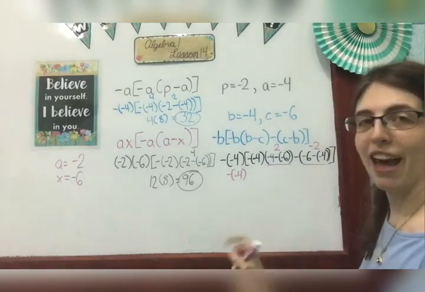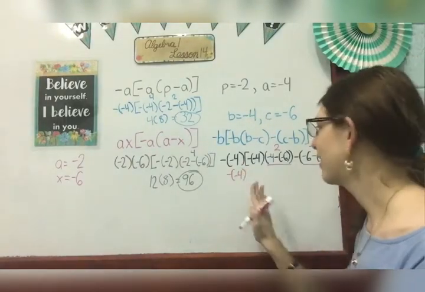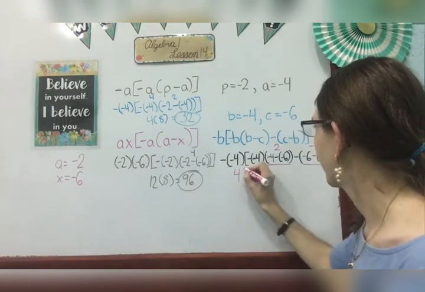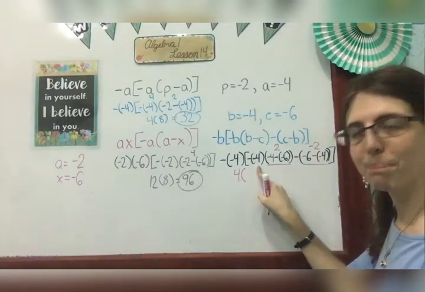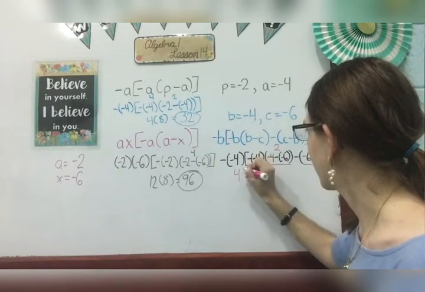Okay? So this comes down to, I have the opposite of -4. Just let's simplify that right now because we can. What's the opposite of -4? +4. So I'm going to change this to a +4. Then I have the opposite of -4 right here. What's that? +4. And change this to my bracket again.